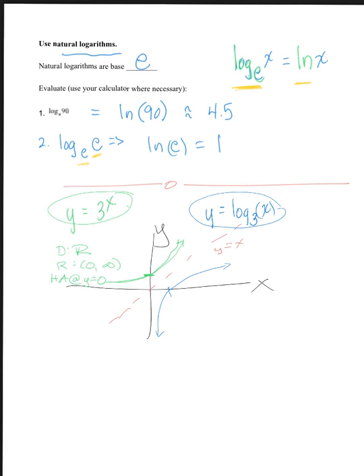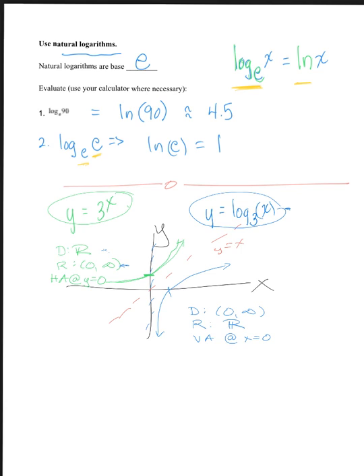Now let's look at the inverse of that, this logarithmic function. For that, the domain would be, remember, it corresponds to the range of the inverse, so the domain would be 0 to infinity, because we would have a vertical asymptote at x equals 0. And the range of this logarithmic function should correspond to the domain of the exponential function. It would be all real numbers.